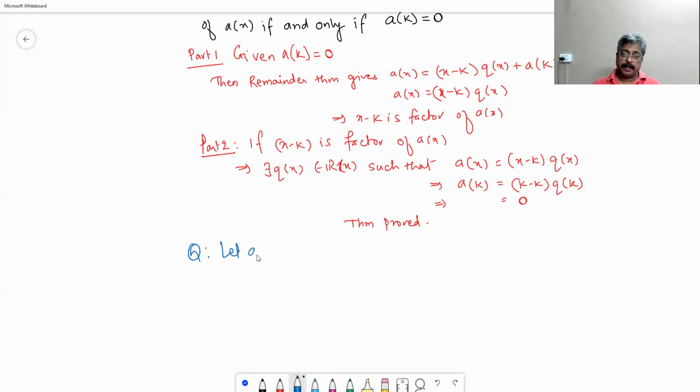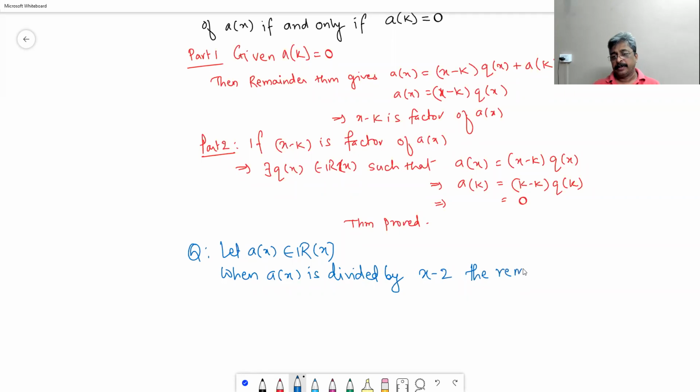Let a of x belong to R of x. When a of x is divided by x minus 2, the remainder is 5.